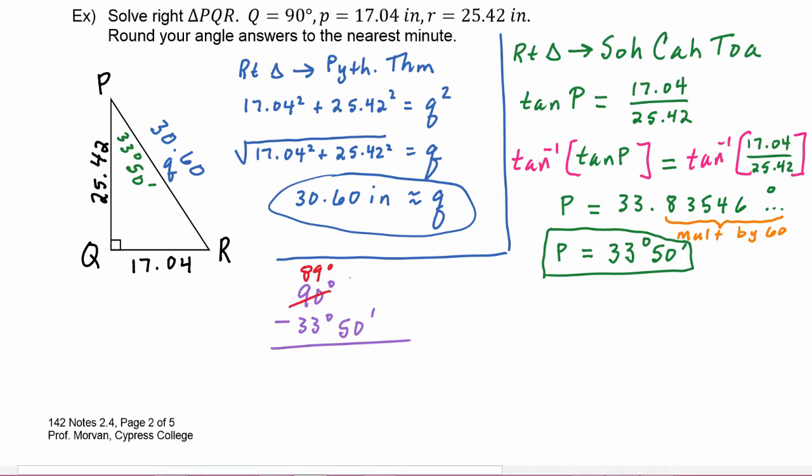That's going to become 89 degrees in 60 minutes. 60 minus 50 is 10 minutes. 9 minus 3 is 6. 8 minus 3 is 5. So we see that angle R is going to equal 56 degrees, 10 minutes.